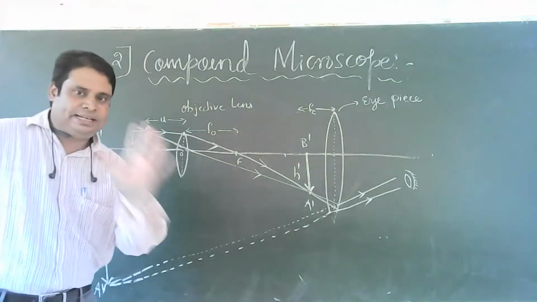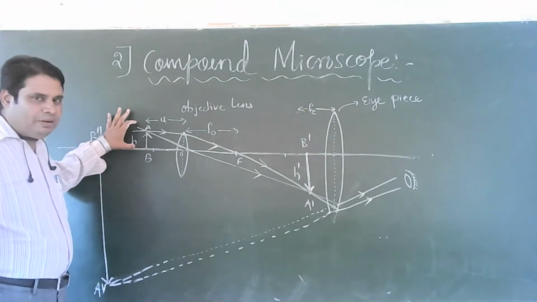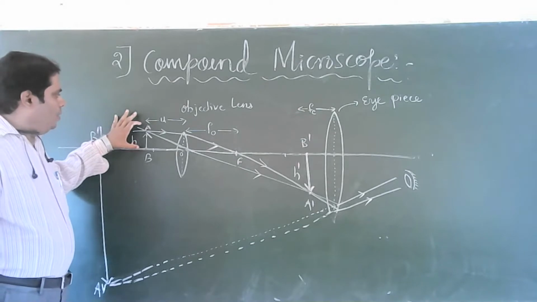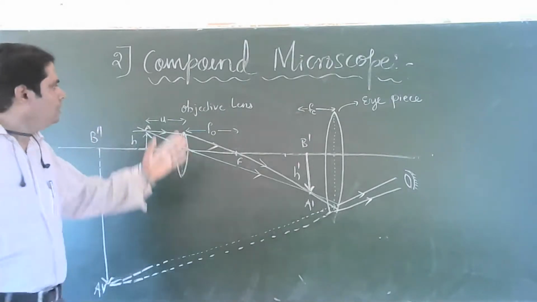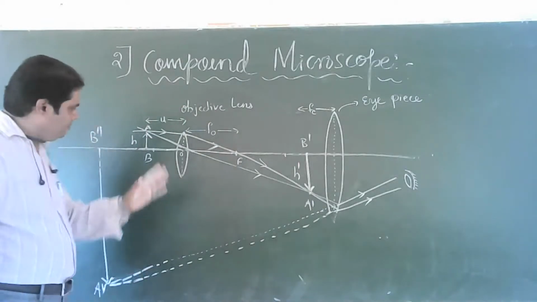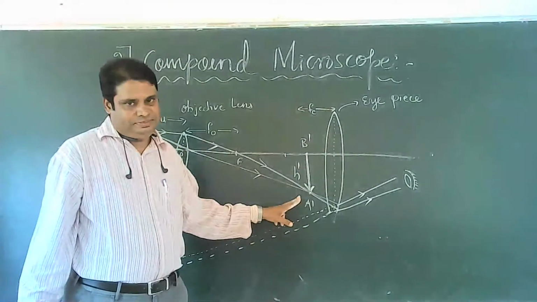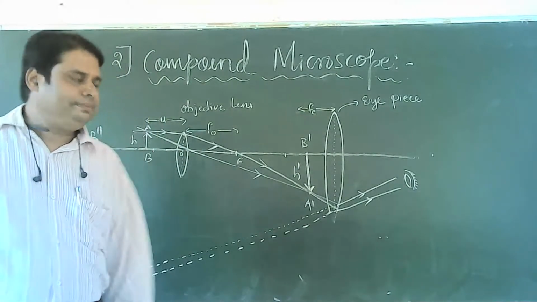Let me repeat. Please listen carefully. This is your initial object. When the object is placed in front of an objective lens beyond f, a real inverted image is formed, which is bigger in size.